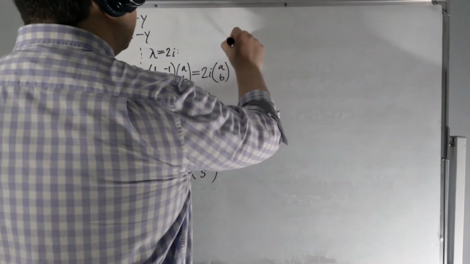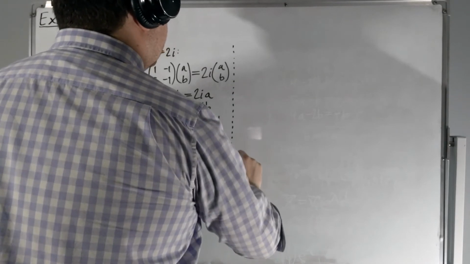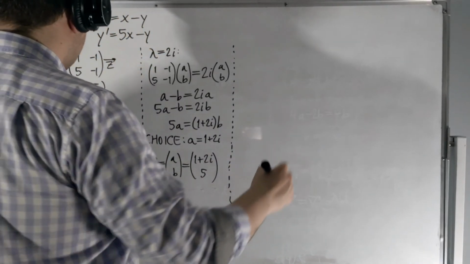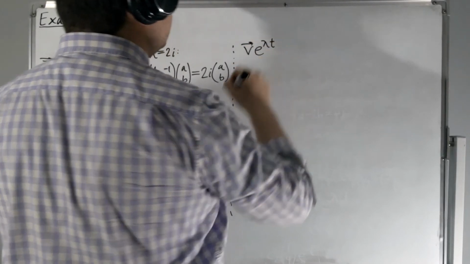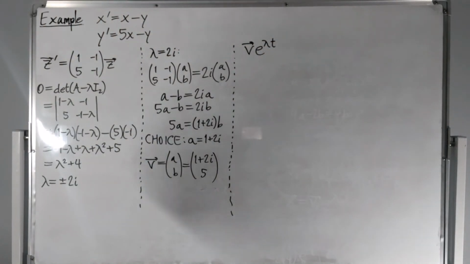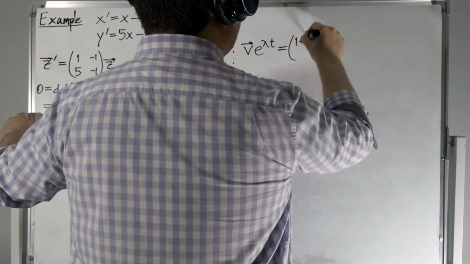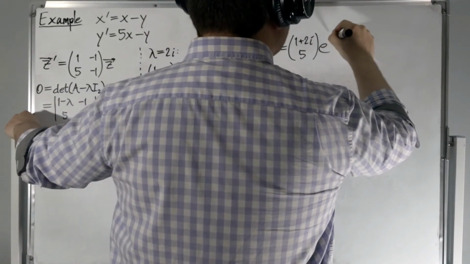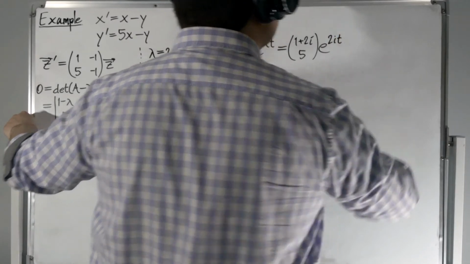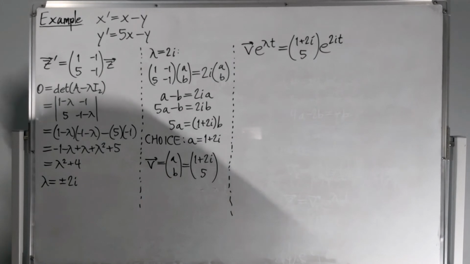All right. So then once again, we have to consider v vector e to the lambda t. In our case, that's going to be (1 plus 2i, 5) e to the 2i times t. e to the 2i times t can be rewritten using Euler's formula.